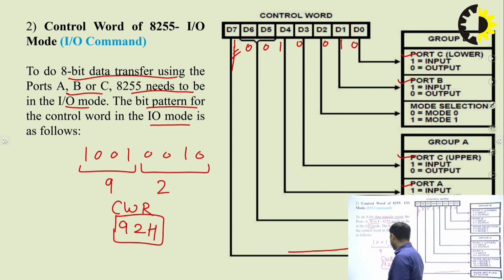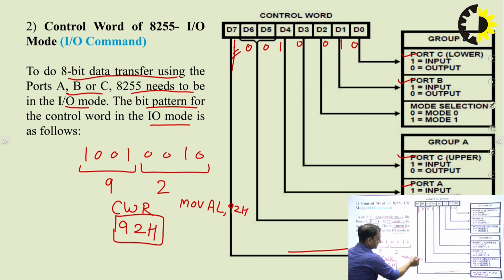So for that we can write the instruction. How can we write it? We can write MOV AL, 92H. Okay, so 92H will move into AL. This is the immediate addressing mode. And then we can write OUT CWR, AL.